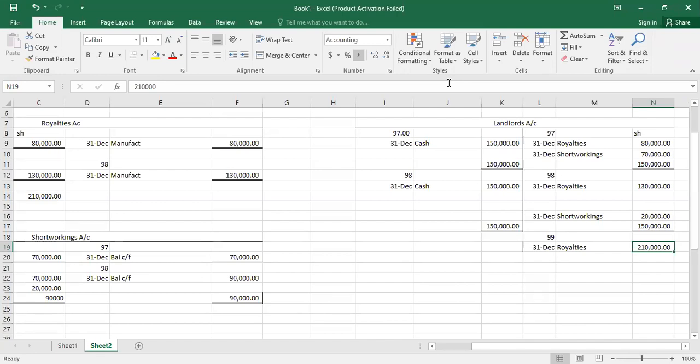Initially we were debiting the short workings and crediting the landlords. So to recoup our short workings, we are supposed to debit the landlords and credit the short workings account.